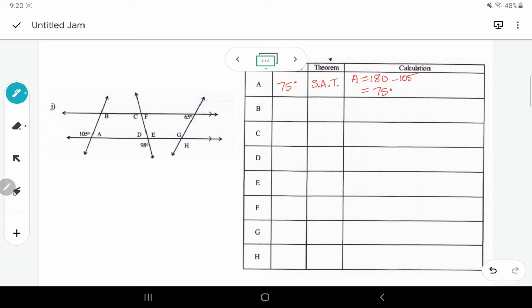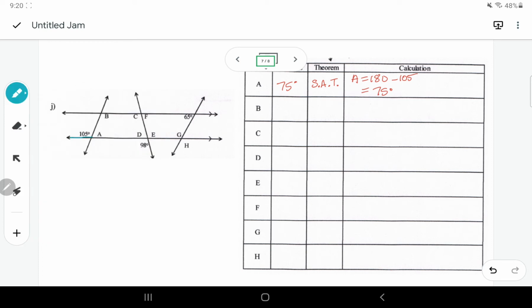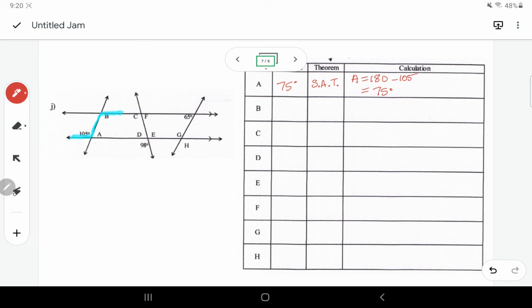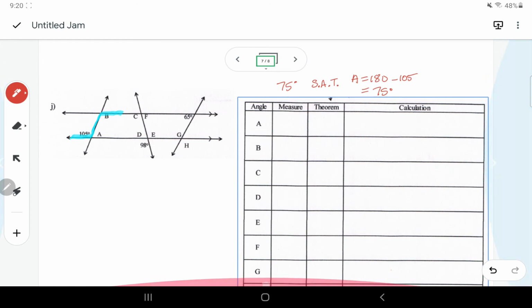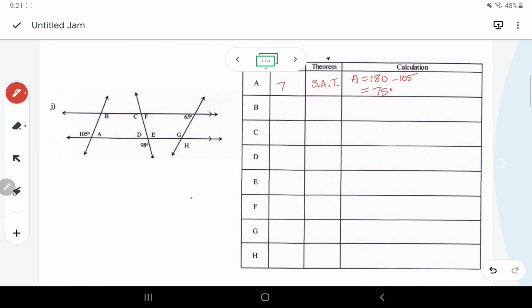For B, I like to look for ways that I don't have to do calculations. So I like that I see B as a Z pattern there. So B is going to be 105 with the alternating, or Z pattern.